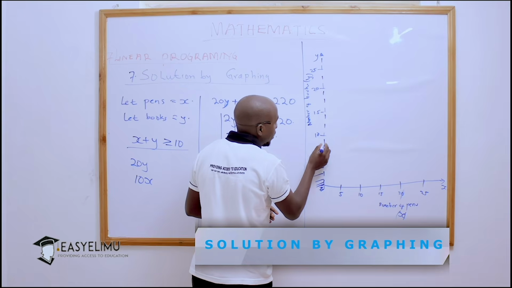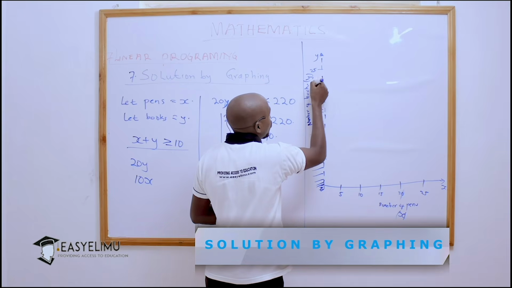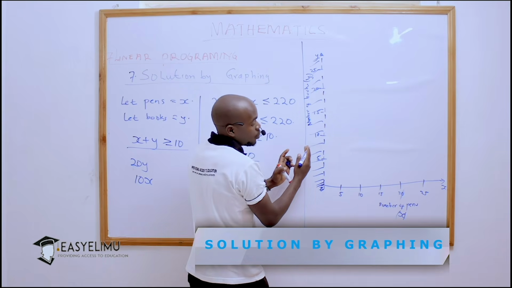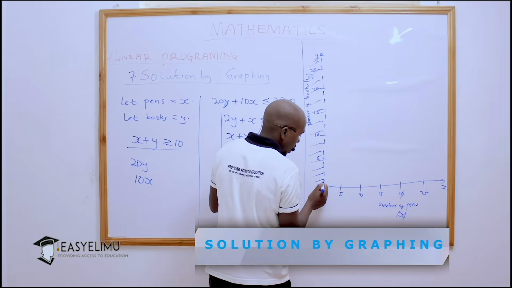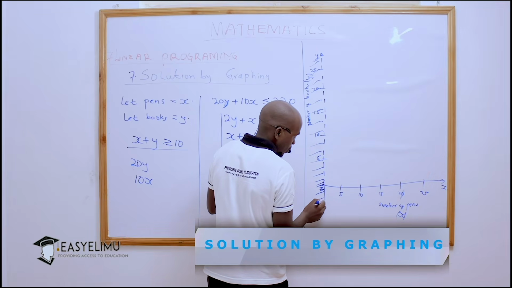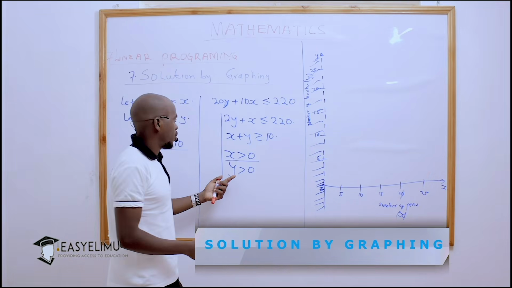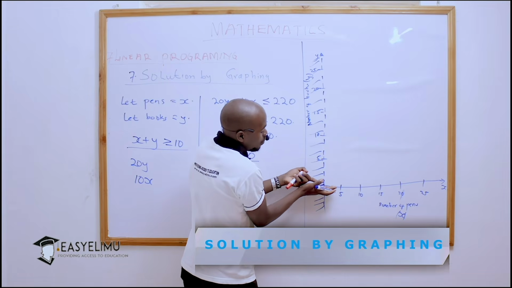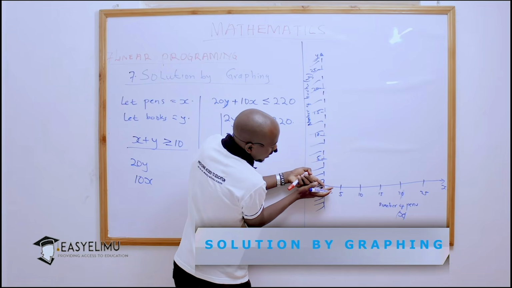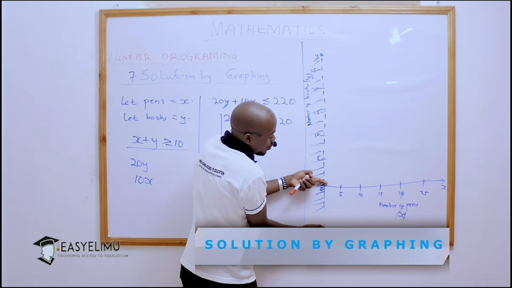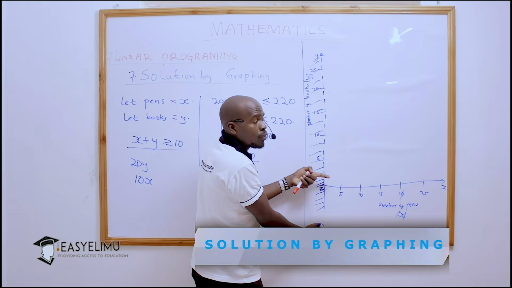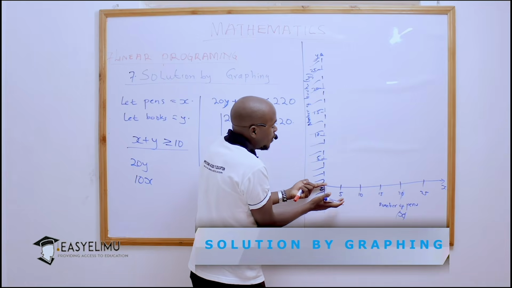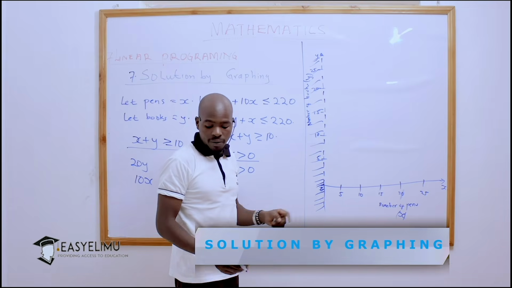So we shall shade the other part because we only need the positive parts, beyond x greater than 0. The same applies to y greater than 0, meaning that all the values which are negative, we don't require them. We consider only values which are positive.